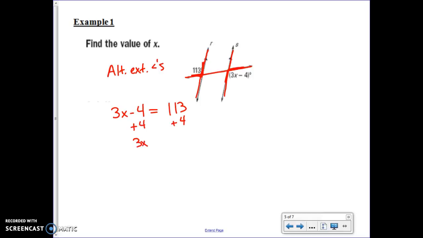So then 3x equals 117. Then I'm going to divide by 3. And x would equal 39. And that's all it asks you for. It doesn't ask you to plug it back in. So x is 39 is our final answer. We can box that in.